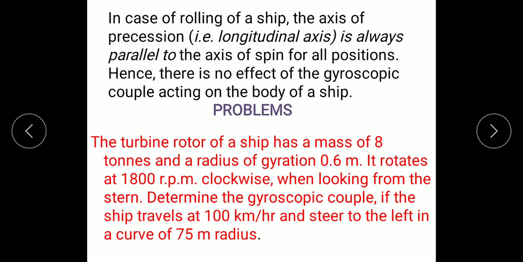The formula of the gyroscopic couple in ships is C equal to I into omega p. We have to find the C value, so first we need to know the I value, omega value and omega p value, and then we can find C.